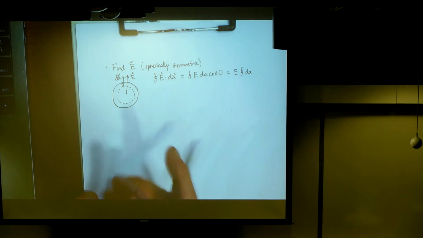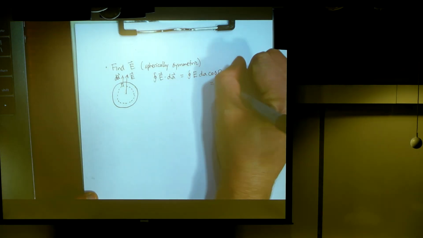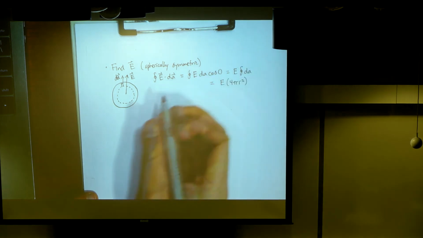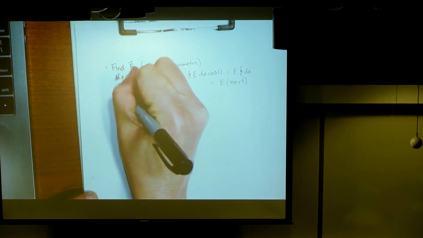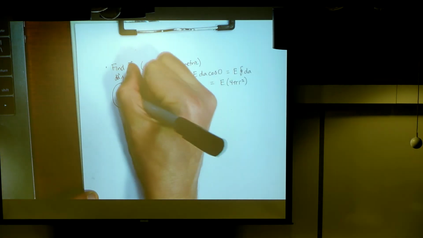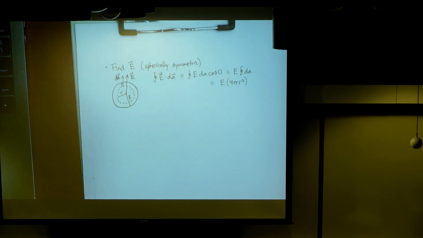So that's the total surface area of the sphere we drew here with the dashed line, which, like we said, is 4 pi little r squared. So just to be clear, little r is the radius of our Gaussian surface, whereas big R is the radius of the actual non-conducting sphere. Okay?